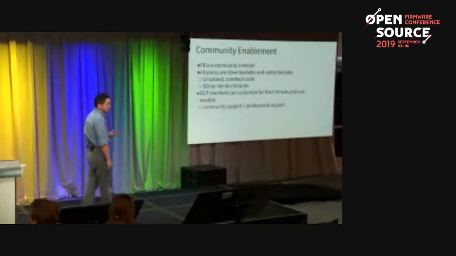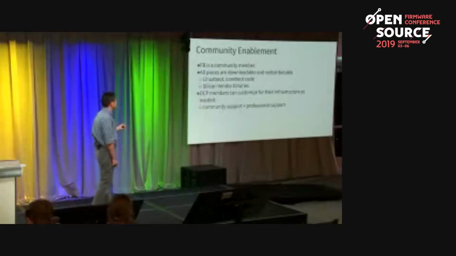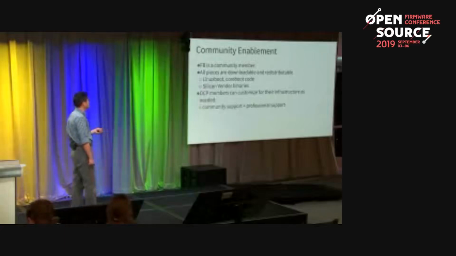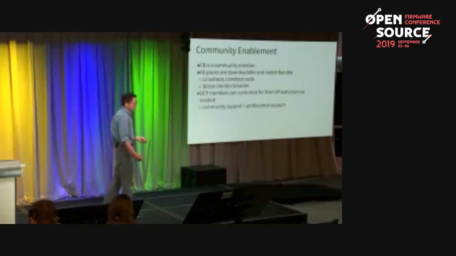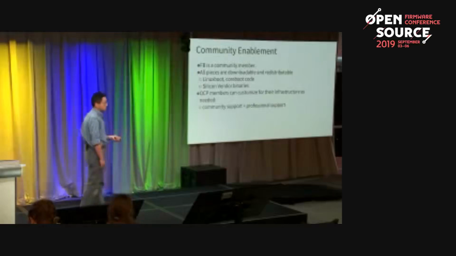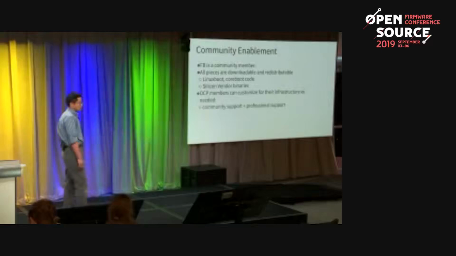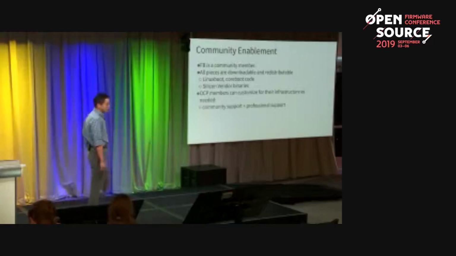We are not the owner of the code anymore, but we will help to maintain all the pieces to make a firmware, to make the server able to power on, downloadable and redistributable. That would include everything, including linuxboot code, coreboot code, and u-root code. And thanks to our friends, the silicon vendor binaries will also be downloadable and redistributable.